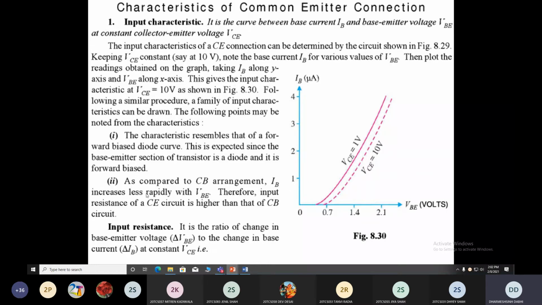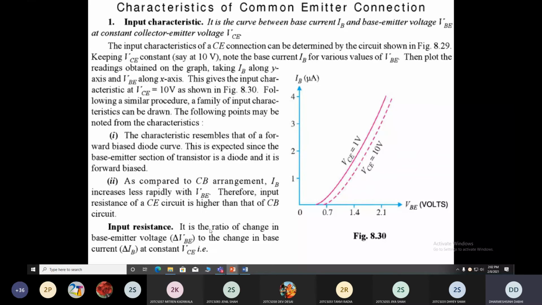Now as compared to the common base arrangement, as we saw in the last theory, the base current IB increases less rapidly with the base to emitter voltage. Therefore the input resistance in the common emitter circuit is higher than in the common base configuration. Clear?